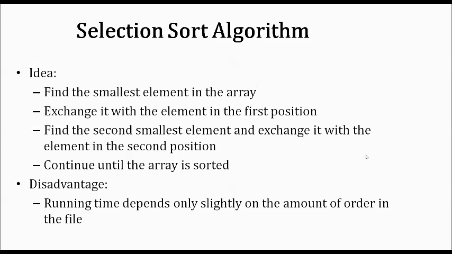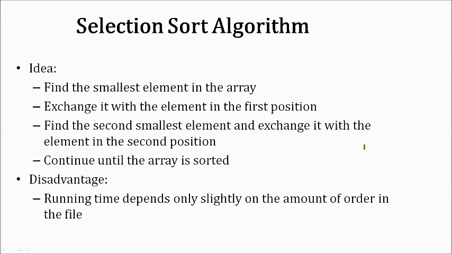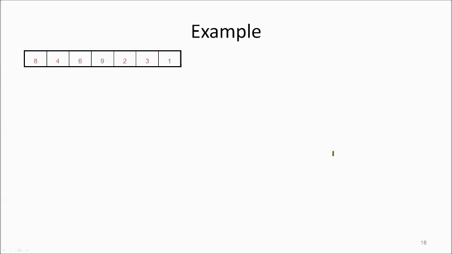Okay, let's check how the selection sort algorithm works. Okay, so we have given data here: 8, 4, 6, 9, 2, 3, 1. Based on the given definition from the previous slide, you have to find the smallest element.